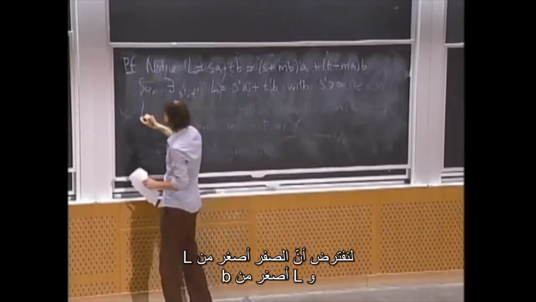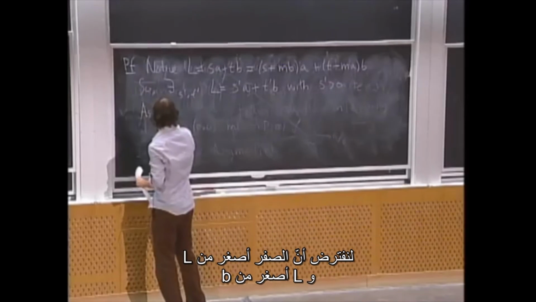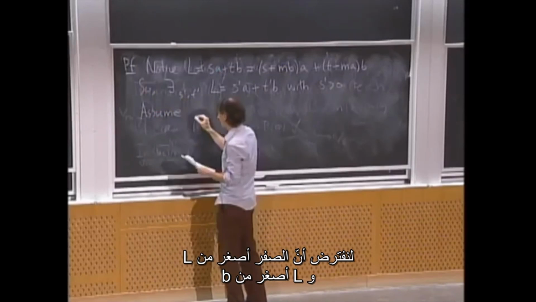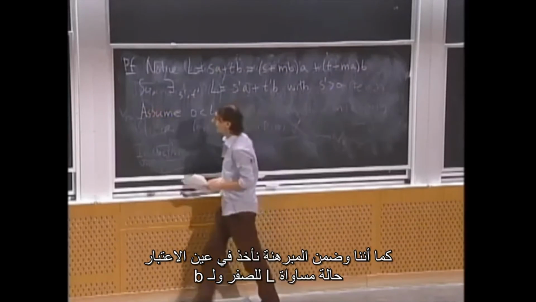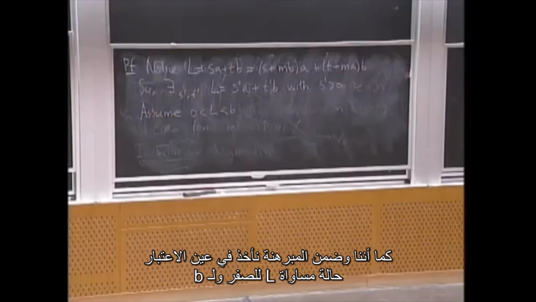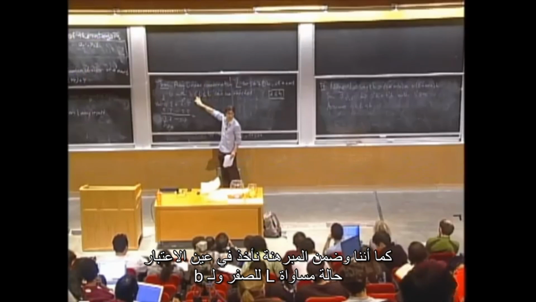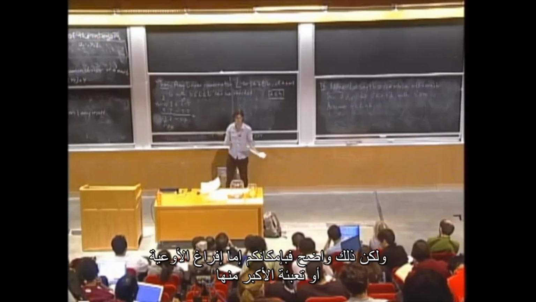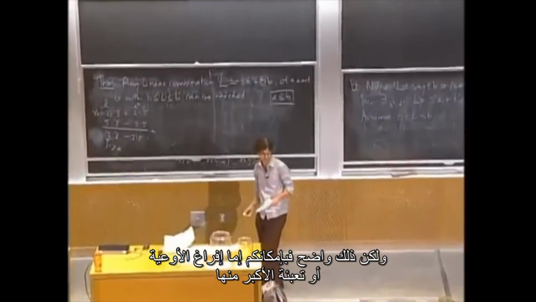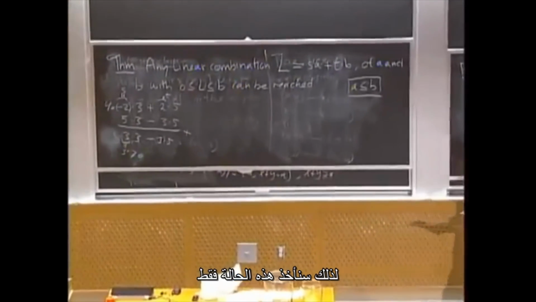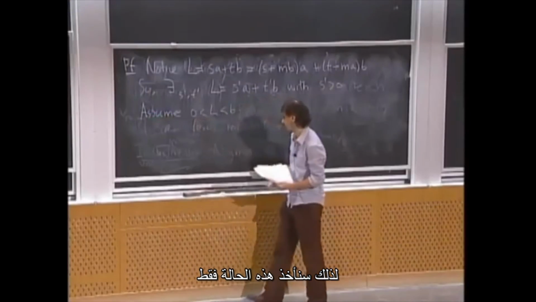So let's assume that 0 is less than L, is less than B. I know that in the theorem, we also consider the cases L equals 0 and L equals B, but those are obvious, right? I can either empty the jugs or just fill up the bigger one. So we will consider just this case.